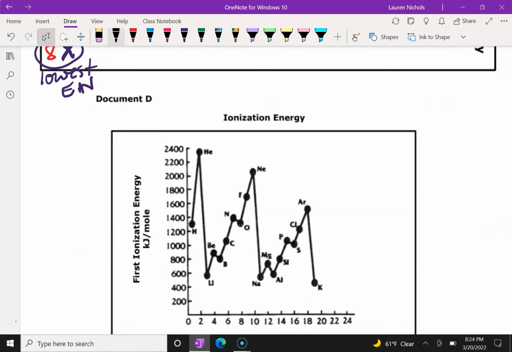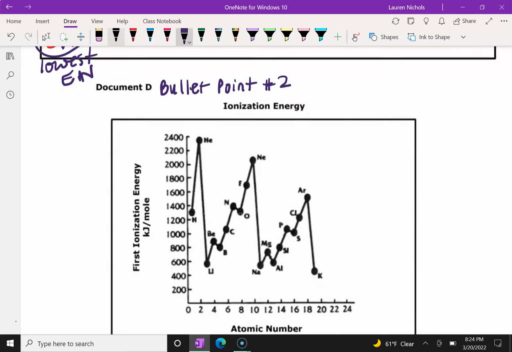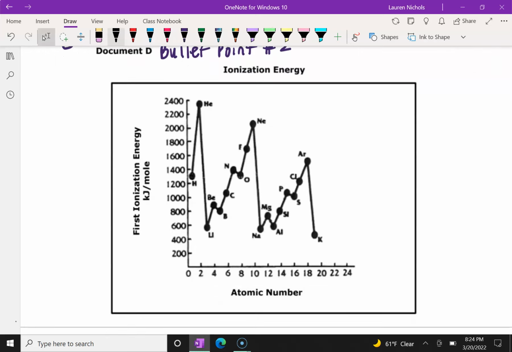And document D is about ionization energy, which again is also in bullet point number 2. So one thing we know is, we already decided that we're looking for the alkali metals in column number 1, and we know that that's hydrogen and lithium and sodium and potassium. And what we see is a general downward trend.